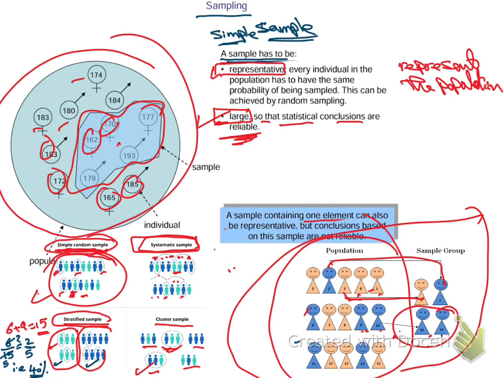So when he comes to select the sample, he will make sure that he's selecting the sample which is 40% green and 60% blue. Okay? So in this example, he has 6 green and 9 blue, so the total is 15.